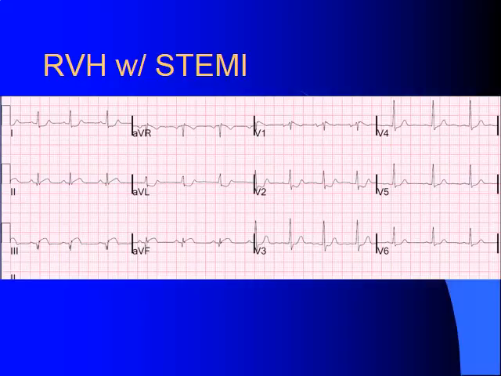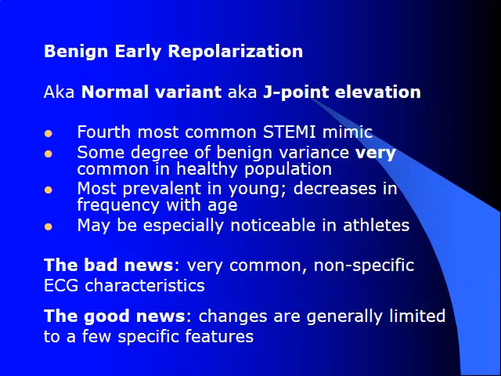Looking in V1, we still do have a not a little more subtle case of right ventricular hypertrophy, but the big indicator here is the poor R wave progression in the horizontal axis, noting that we do have a positively deflected QRS complex in V2, which is a little earlier than what we would expect. So fairly easy to pick up on this particular case here. It can be a little more difficult. So we'll move on to our next STEMI mimic here.